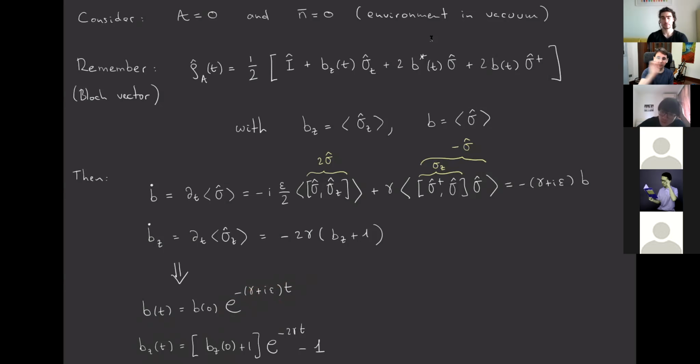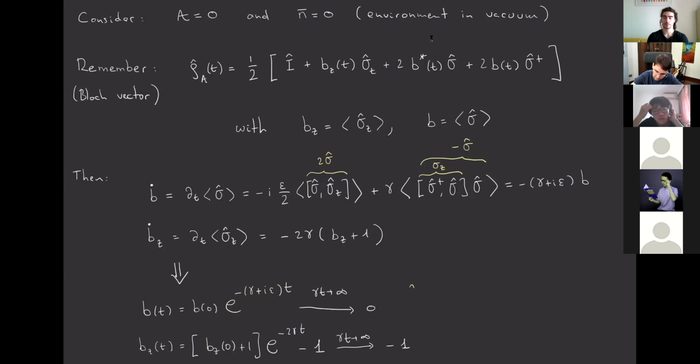So we are precessing around the z axis, but also spiraling towards the axis. In particular, we are spiraling towards b going to 0 for gamma t going to infinity, and b_z going to minus 1 for gamma t going to infinity. So we are precessing around the z axis, we are falling into the south pole, okay?